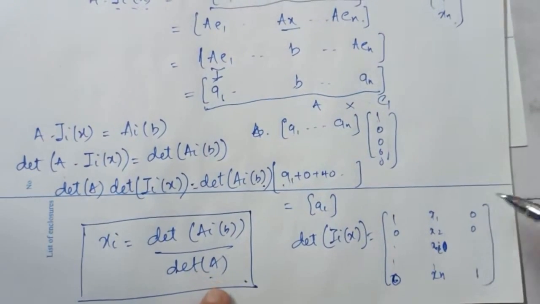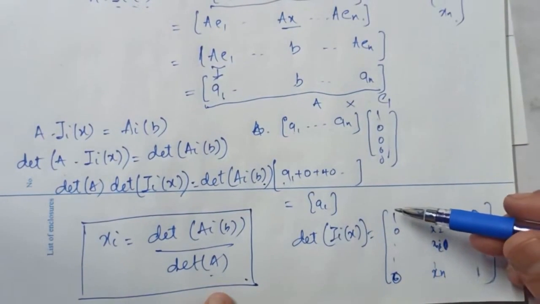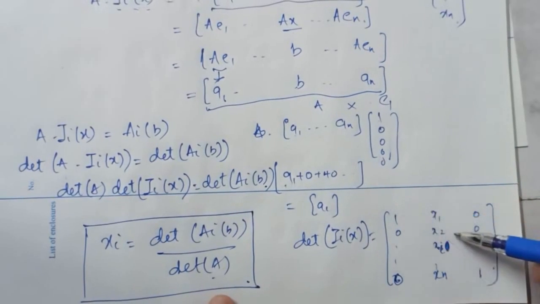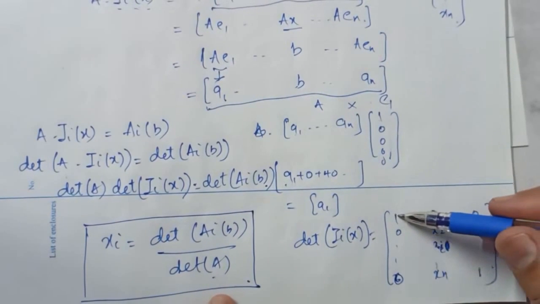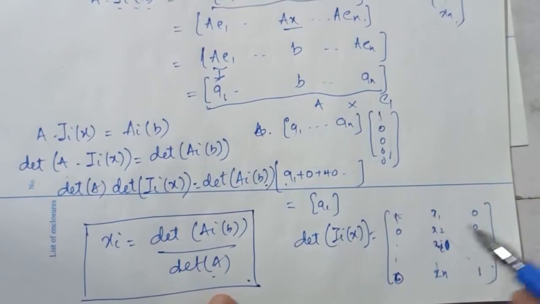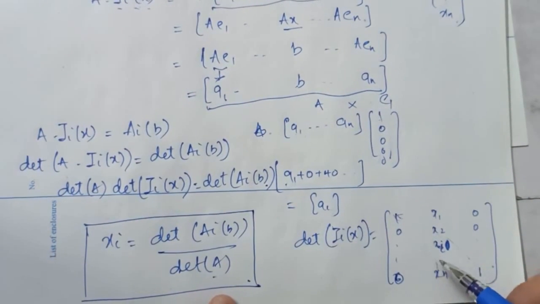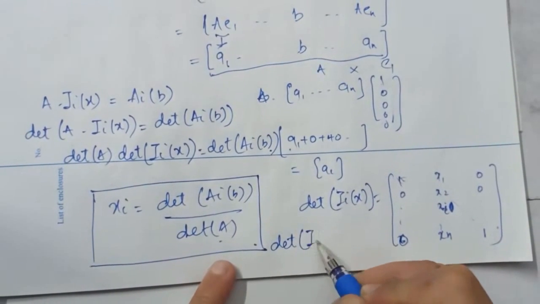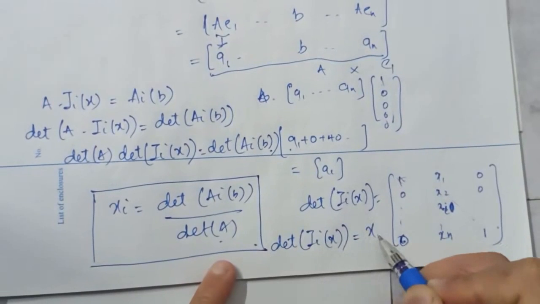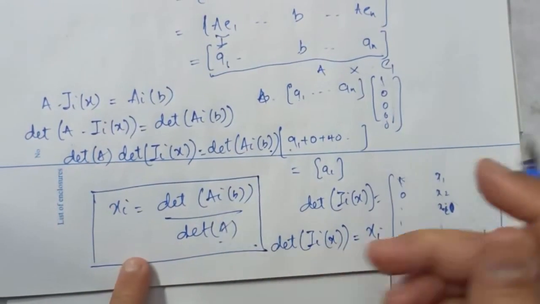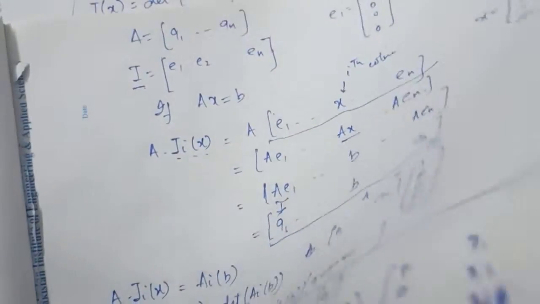Now since it is a sort of triangular matrix, not completely, but all the remaining terms on the diagonal will actually determine the determinant of I of x. All the remaining cofactor expansion will come out as 0. So determinant of I of x is equal to xi. Okay, so xi is determinant of A I B divided by determinant of A.